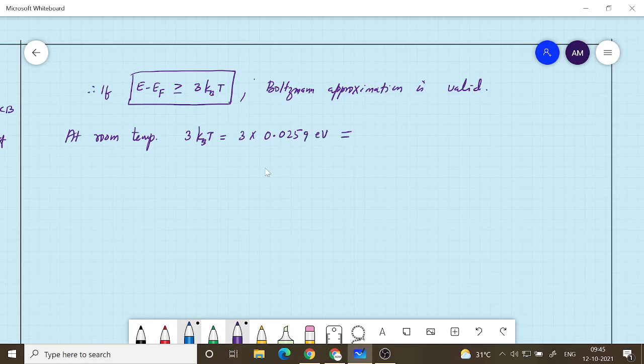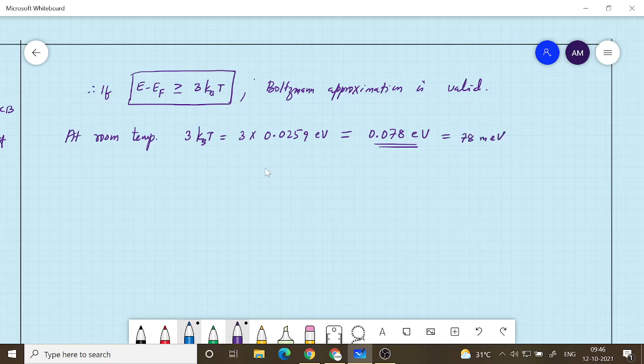So if I evaluate this, 0.0259 into 3, this is around 0.08 electron volt. Or you can say 78 milli electron volt.